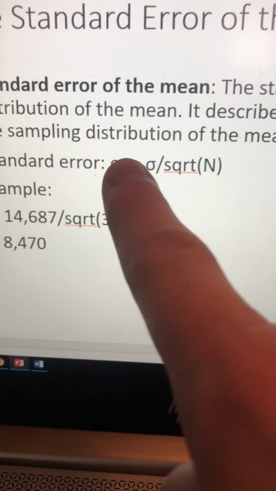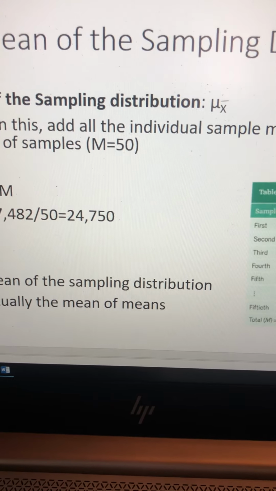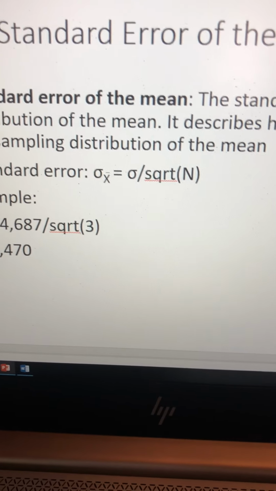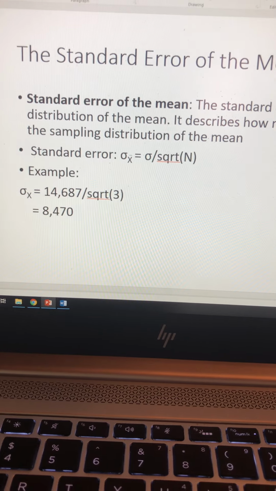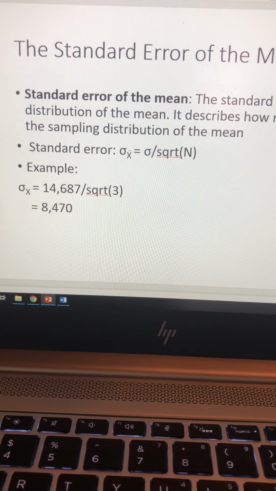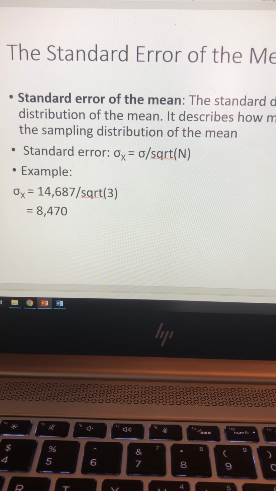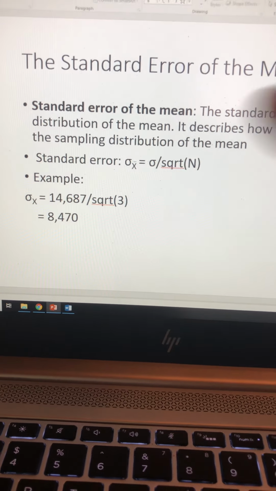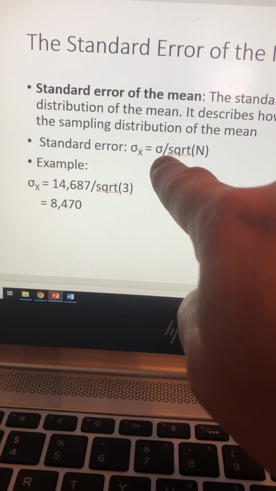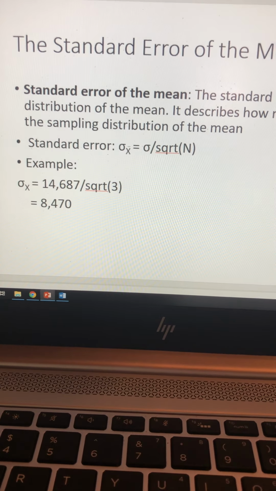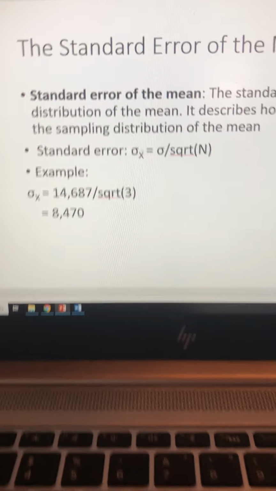Sigma x bar is our variability measure, versus mu x bar, our central tendency measure of the distribution. So to calculate that, again, this is the easy part. The standard error of the mean is equal to the population standard deviation, sigma. Note that this is a Greek letter, so we're talking about the population standard deviation, divided by the square root of n. Okay, what's n? It's the sample size.